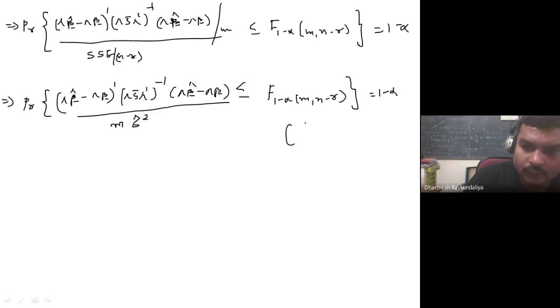Why? Because the estimate of sigma square is nothing but SSE upon N minus R. Okay. So we can write the probability.